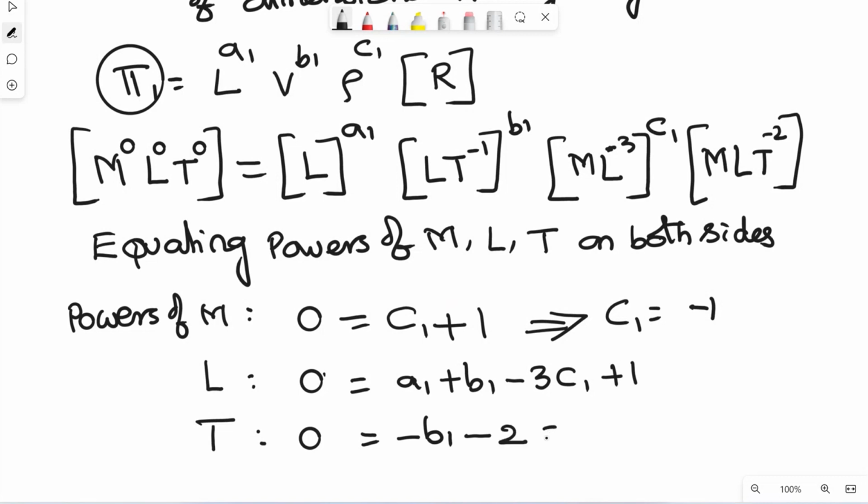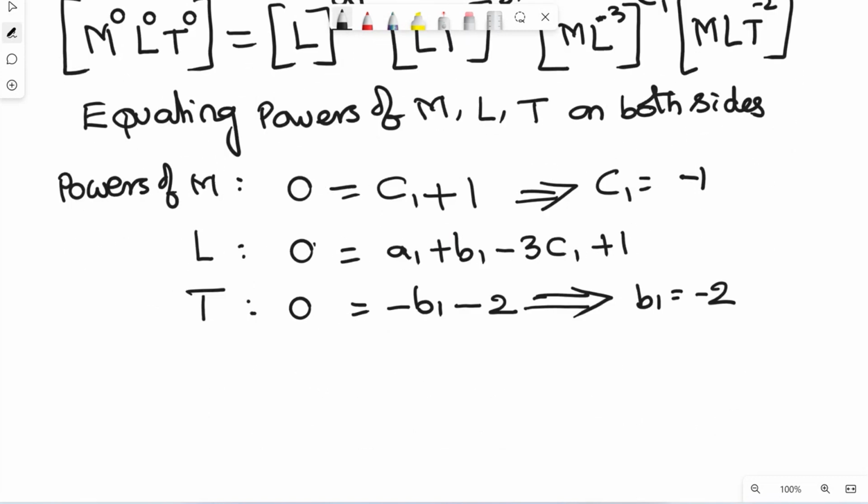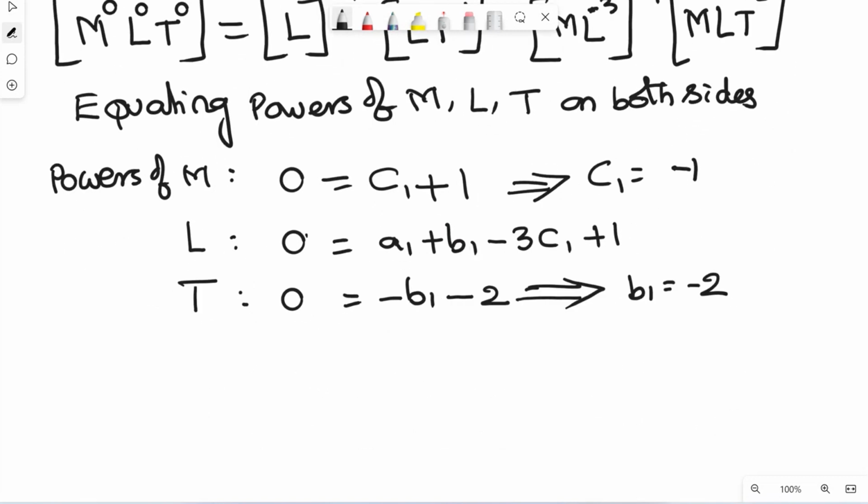If I solve this, minus B1 is equal to 2, or B1 is equal to minus 2, for the first pi term. Now if I substitute B1 as minus 2 and C1 as minus 1, I get A1 plus minus 2 plus 3 plus 1 is equal to 0. So A1, if I solve, is again minus 2.